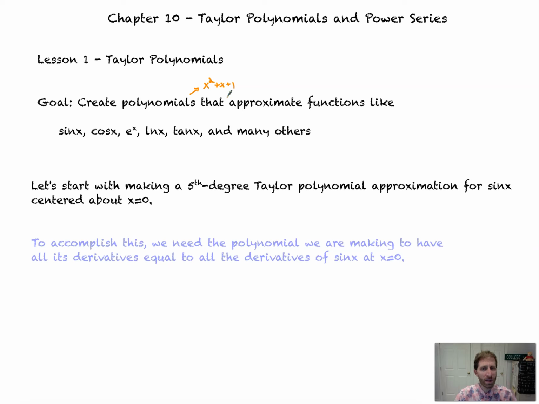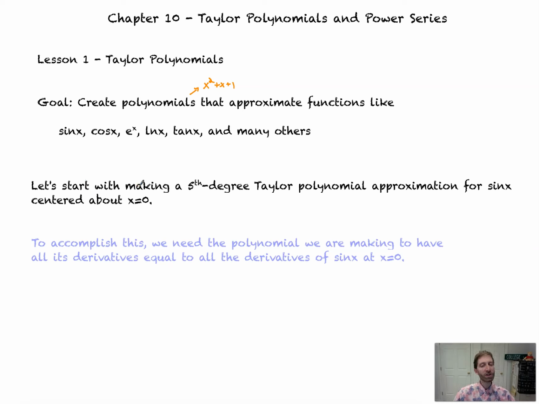We want to create those things that approximate functions that have no business being polynomials, like sine of x, cosine of x, e to the x, the natural log of x, the tangent of x, and so many other functions that we never thought were polynomials. Well, we can get polynomials to approximate the values that these functions give out and actually approximate them to as much accuracy as we want. It's so rad. So let's dive.